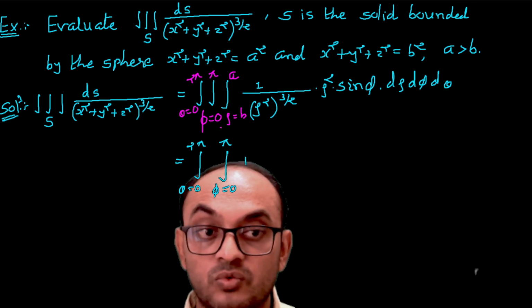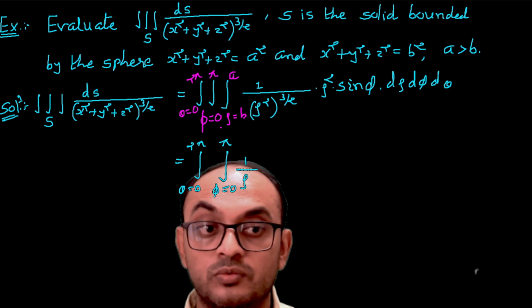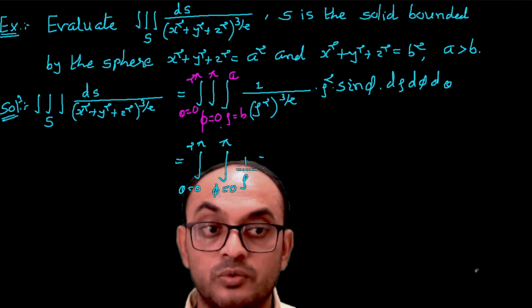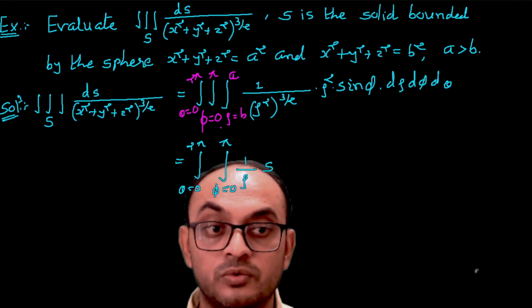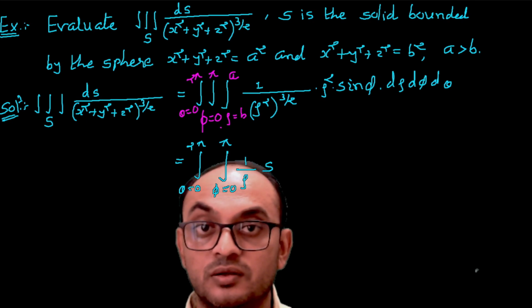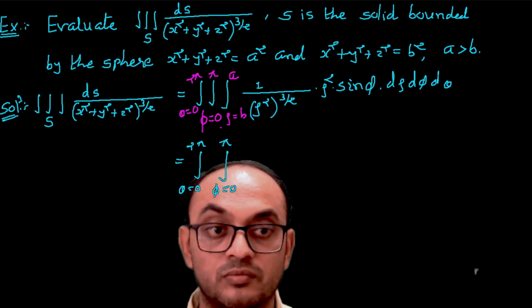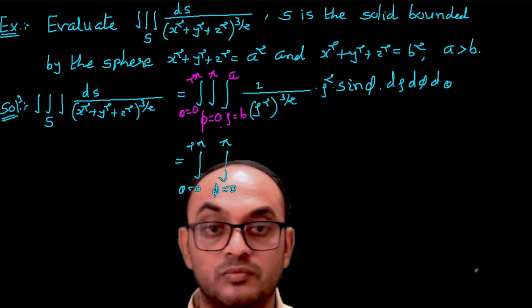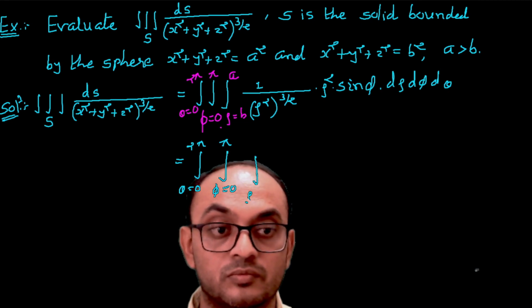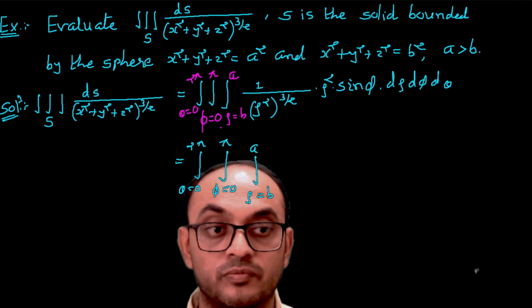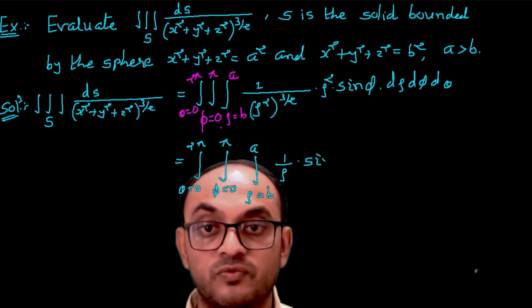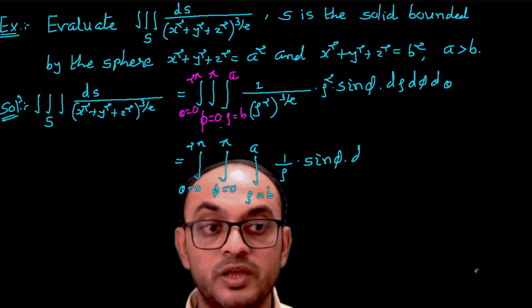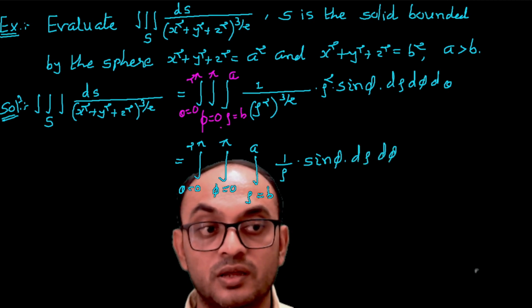So this is 1 upon rho into sine phi, d rho, d phi, d theta.